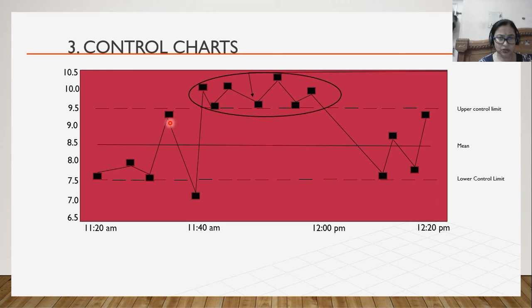It's okay to have certain fluctuations, like in the complete process we have so many fluctuations in data. It's okay to have that, but having 7 continuous data points outside our upper or lower control limit is not acceptable. That indicates some problem in the process during that time frame.